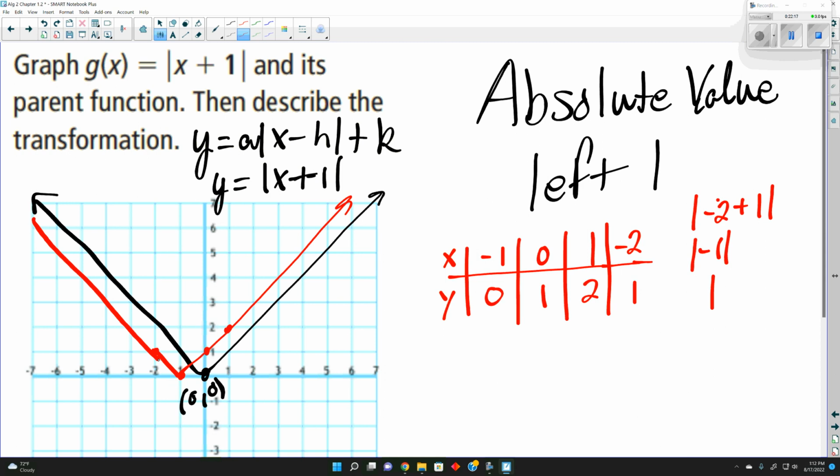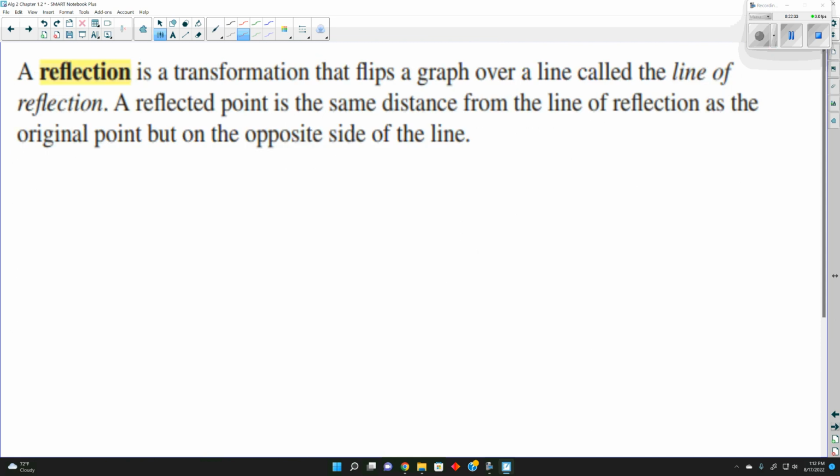Even though it's plus, it still moves left. Does that kind of make sense? So it's a little weird in how that works, but it's just left 1. By the way, there's your answer. Any questions on up, down, left, right? Does that kind of make sense?